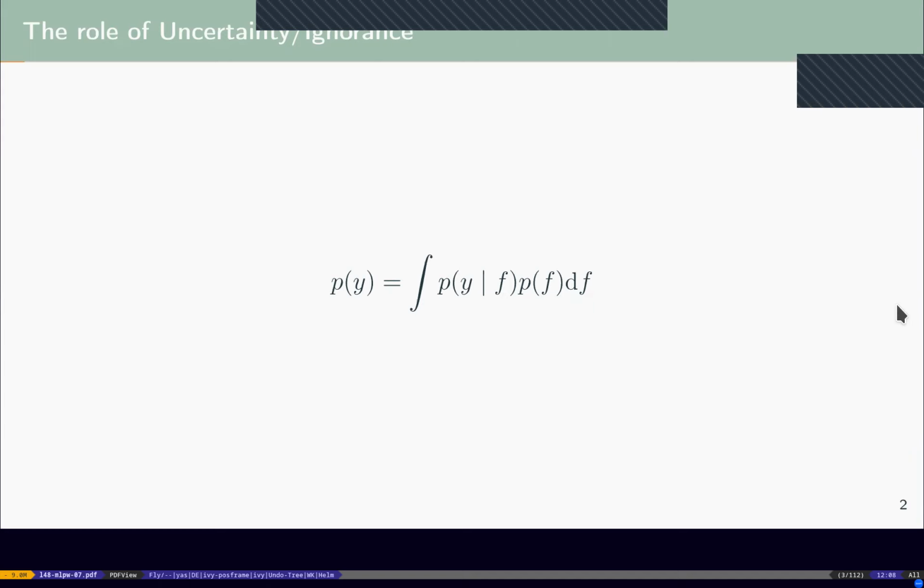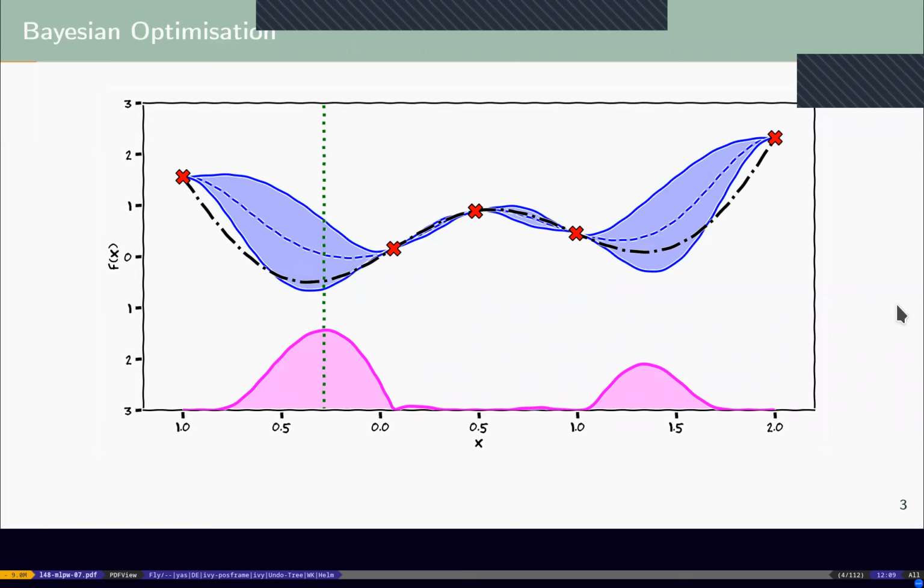Then last time, we looked at the Bayesian optimization setting, where we used the uncertainty to make decisions. The role of uncertainty, which it actually is in the first case as well, but it pops out clearly in this case, is really to make decisions.